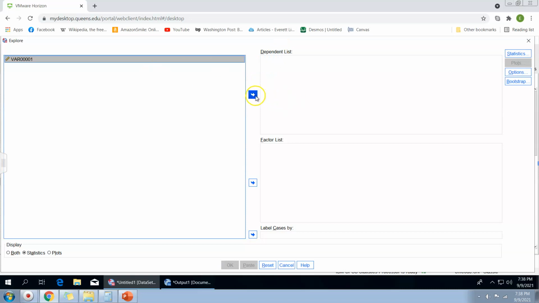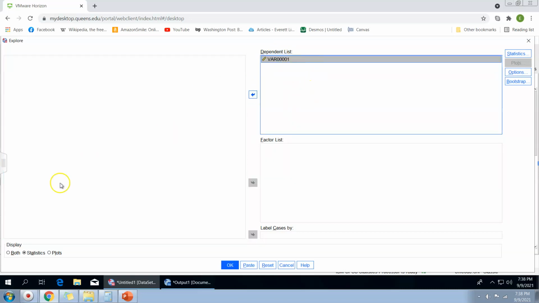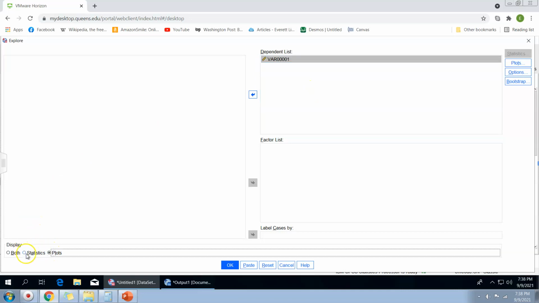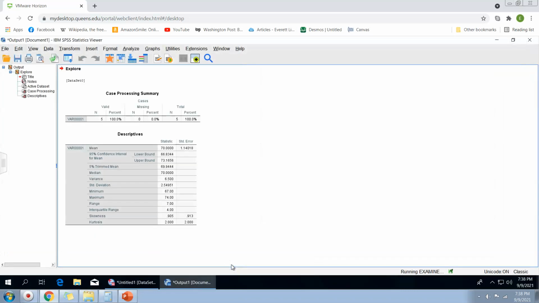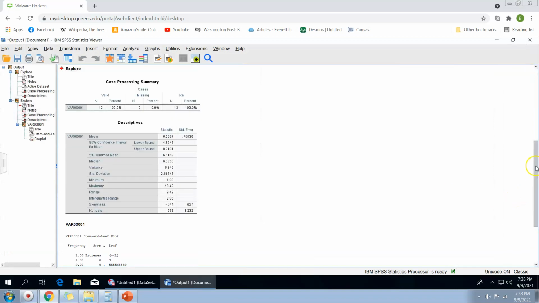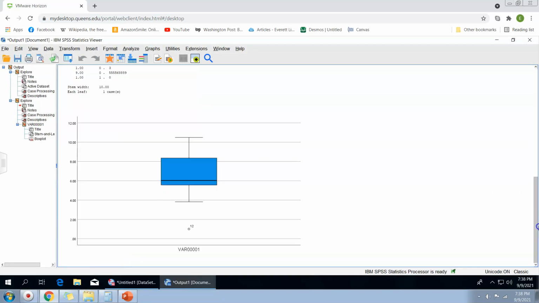And we've got our variable we're going to move over here. But this time, instead of limiting it to statistics, we're going to look at the plots. You might want to see both though, so we'll just put both. And when we click OK, it's going to show us, here is our box plot. Okay?